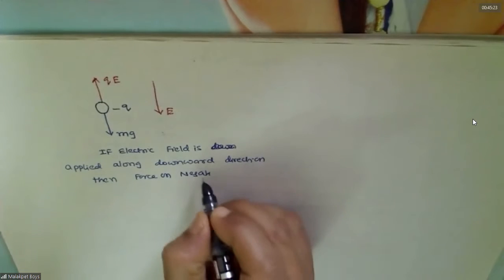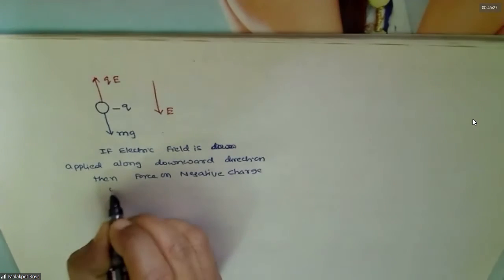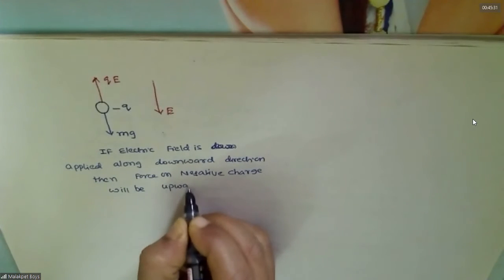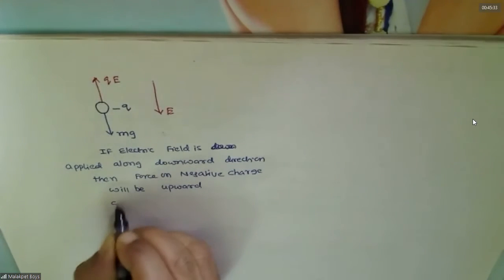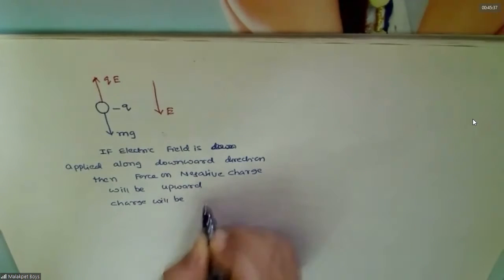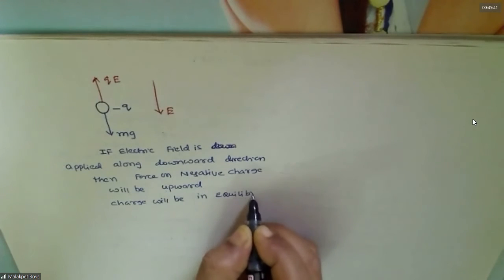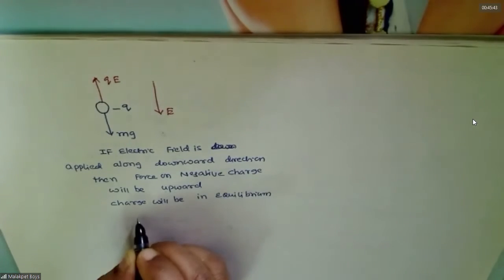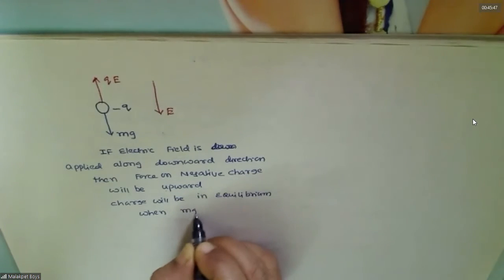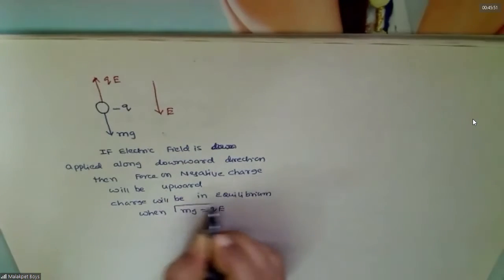Upward direction. So the charge will be in equilibrium. mg is balanced by qE. Understood this?